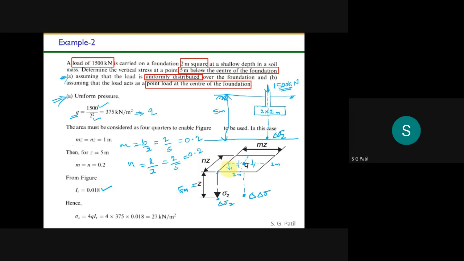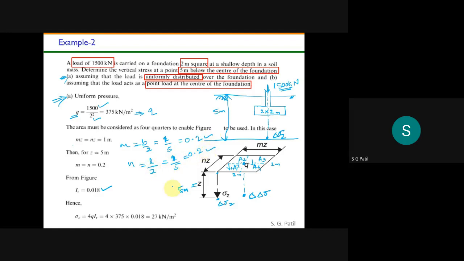Let me call this A1, this A2, this A3, and this A4. For A1, my m and n values are 1 by 5, which is 0.2, and again 1 by 5 is 0.2.